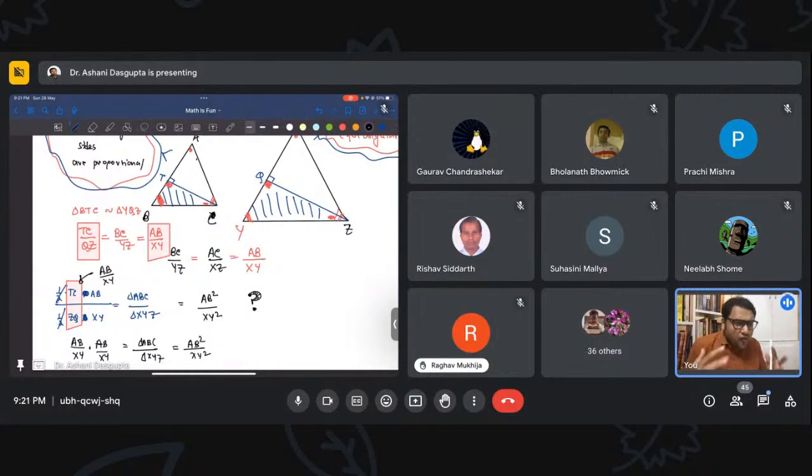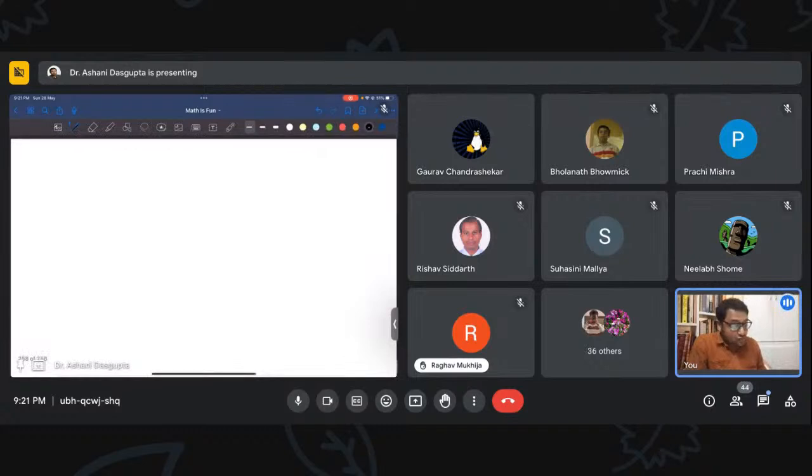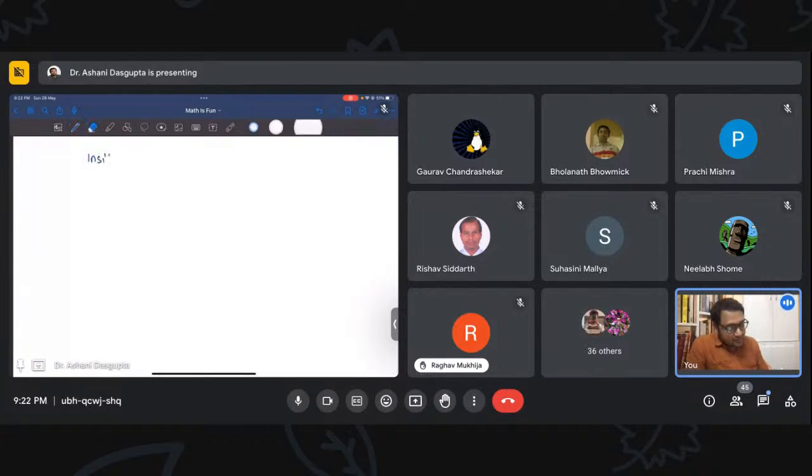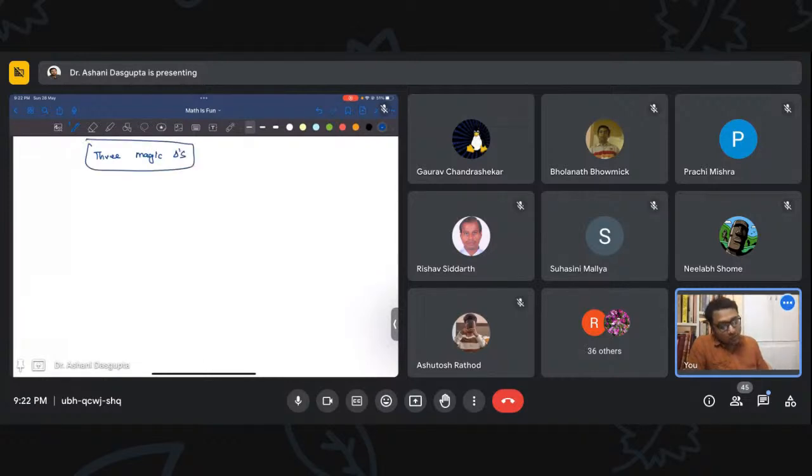Okay, so these are two facts about ratio of areas which are very handy, and you can use them in a variety of problems. One of the problems where we would like to use them is what happens inside a triangle. Sometimes I call this the 3 magic triangles. It's a very important configuration when you are doing geometry, either for mathematical Olympiads or for ISI-CMI entrances.